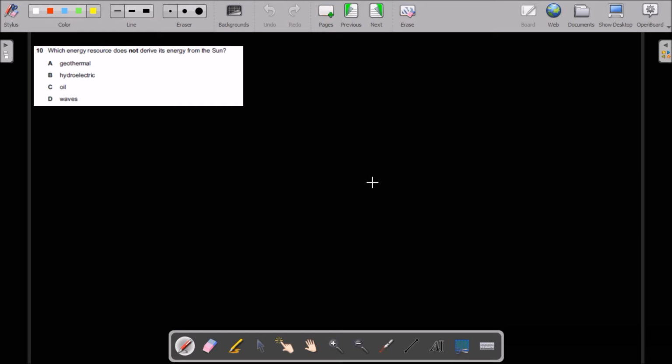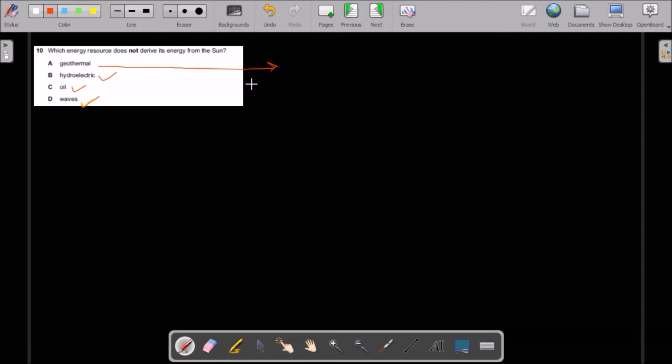Question 10. Which energy resource does not derive its energy from the sun? We know that D, C, and B get energy from the sun. Only A, which is geothermal, doesn't get energy from the sun.